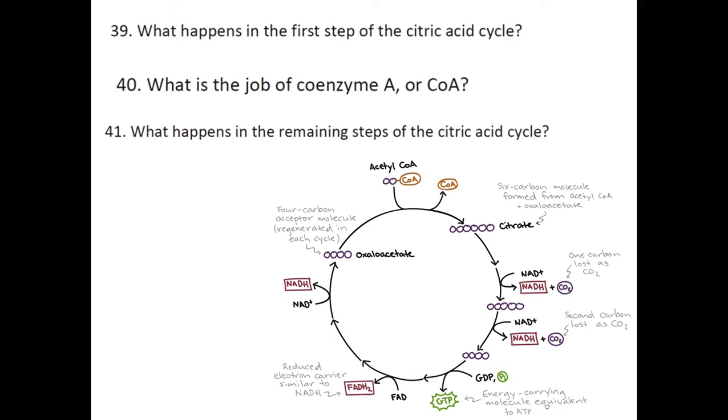That means it has 2 carbon linked with CoA, coenzyme A. All right, CoA is coenzyme A. I have 2 carbon pushed into TCA cycle, and then it becomes citrate, and then it becomes different molecule, and at the end I still have this 2 carbon linked with coenzyme A.